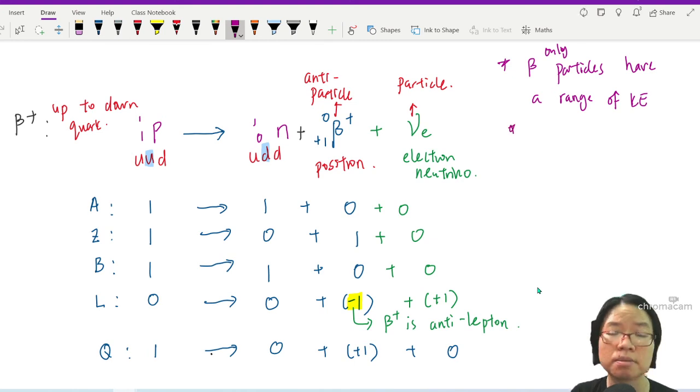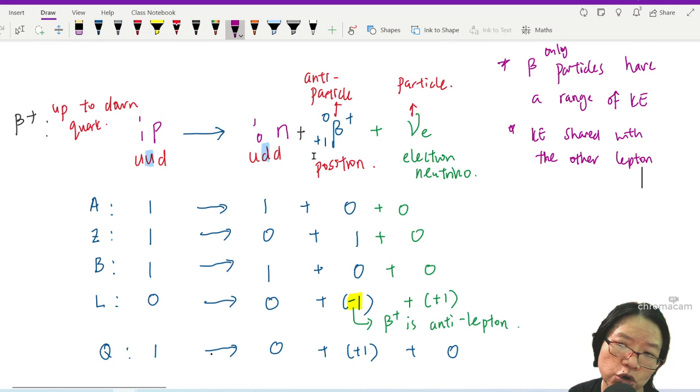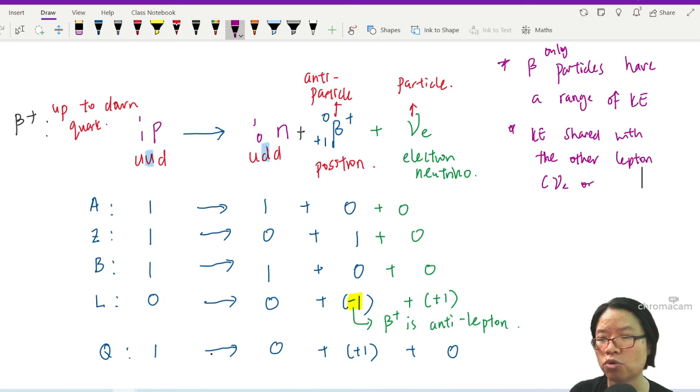Why is that? Because the KE is shared with the other lepton. Whether that lepton is electron neutrino or the electron anti-neutrino.